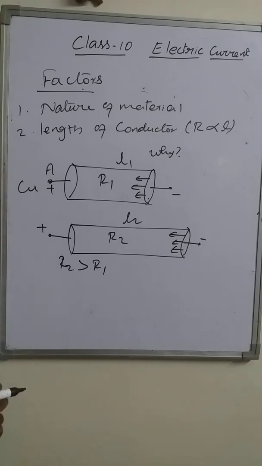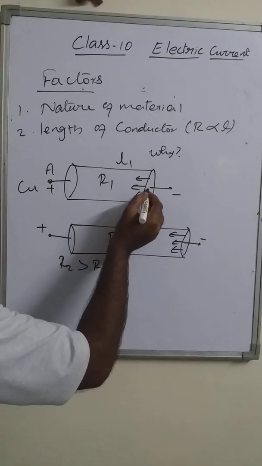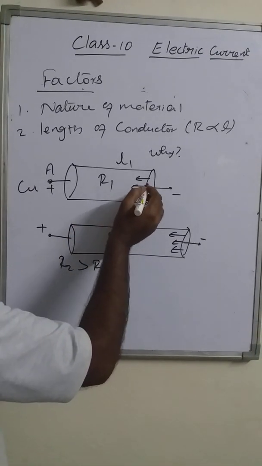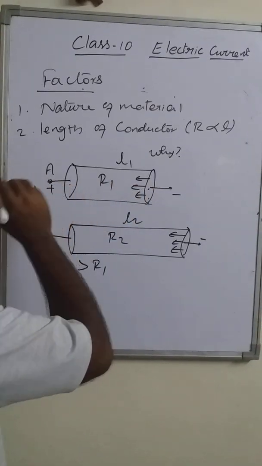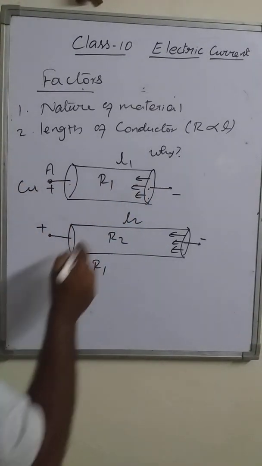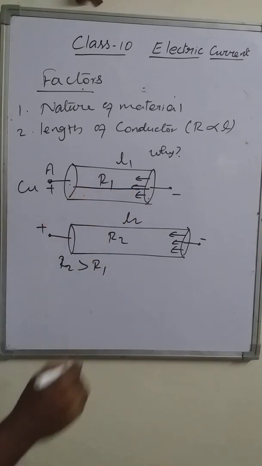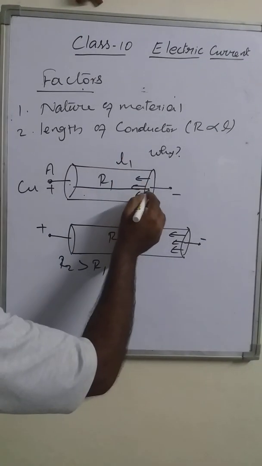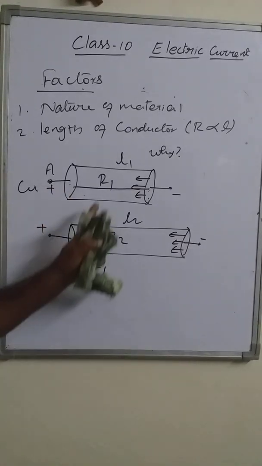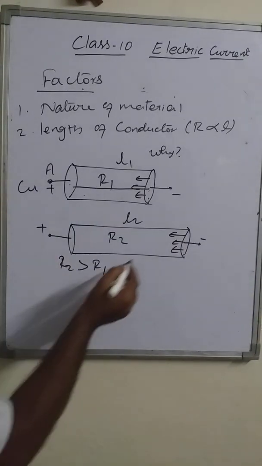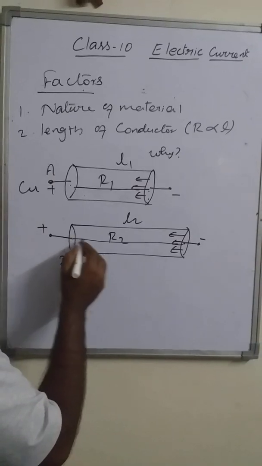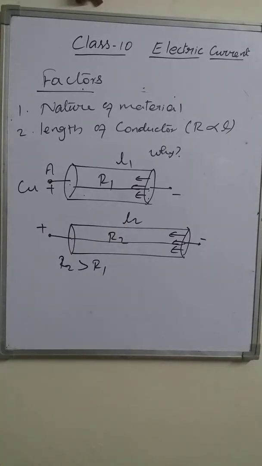Here, the electrons are moving from the negative to the positive terminal. The electrons in this conductor have to travel a distance L1 in the first conductor, and in the second conductor the electrons have to travel a distance L2 from the negative to the positive terminal.